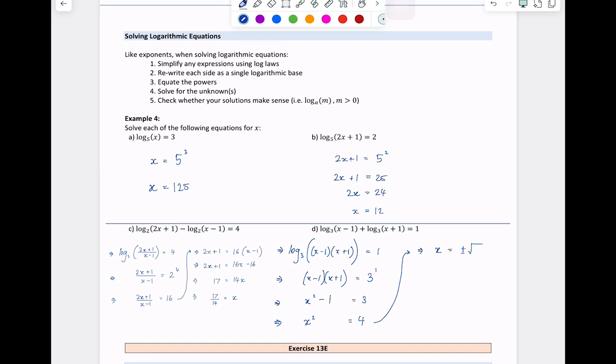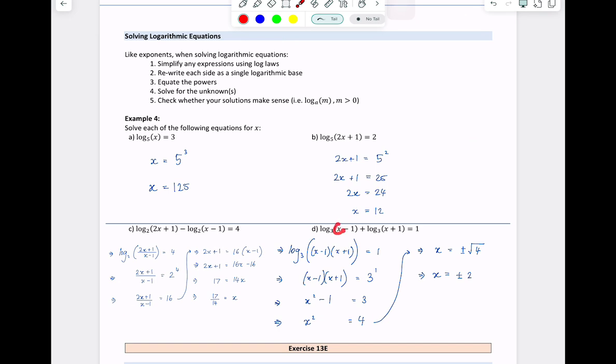If we square root, then we need a plus minus. So x here is equal to plus minus 2. However, what we do need to check here is if we put in a negative number, if our bracket is negative, then it won't check out, even if it's just for one of them, because we are looking at the entire equation here.